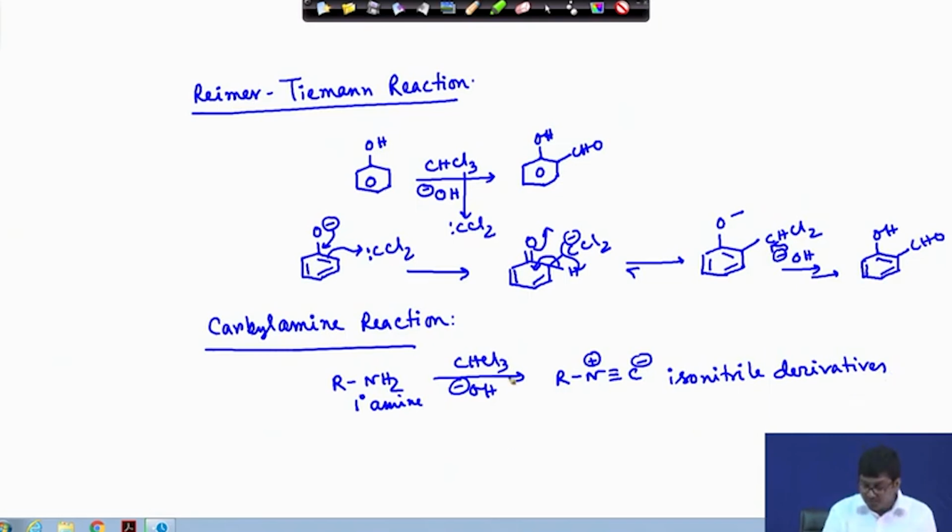Okay. So, here also it will generate this dichlorocarbene, and obviously this RNH2 can react by nucleophilic attack to this dichlorocarbene, and once it gives that, it will be this species.